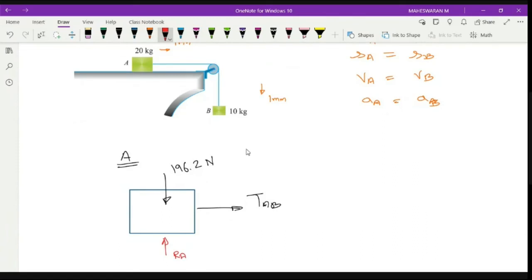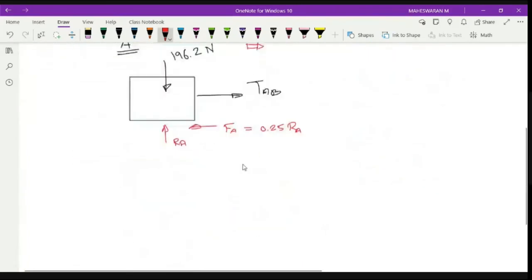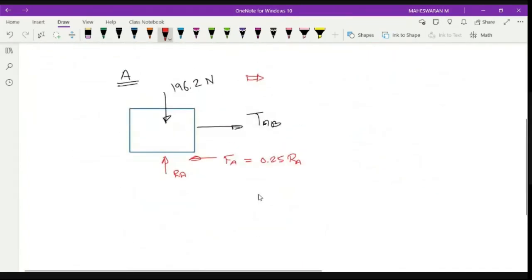And what is the direction of movement for this block? It is hanging here, so this block will move along this direction, right? So we'll have friction here, which is Fa. This Fa is equal to 0.25 Ra, which is given. So this is for block A.